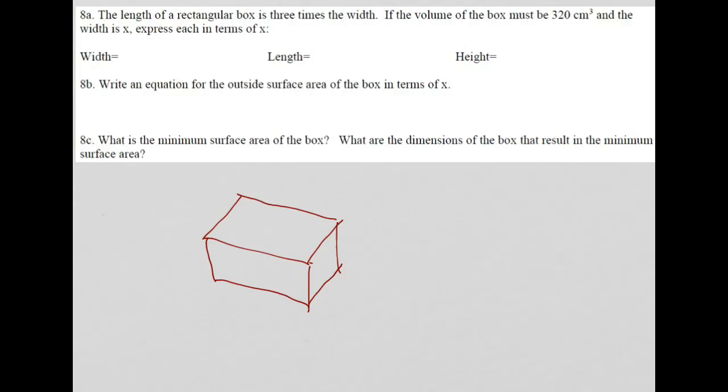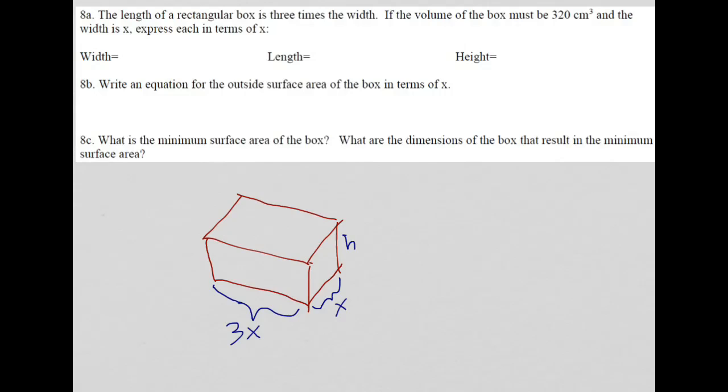And I'm going to label this with a side width of x, a length of 3x, because the length is 3 times the width, and then a height of something I don't yet know.